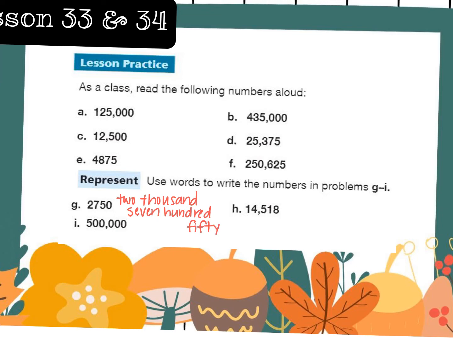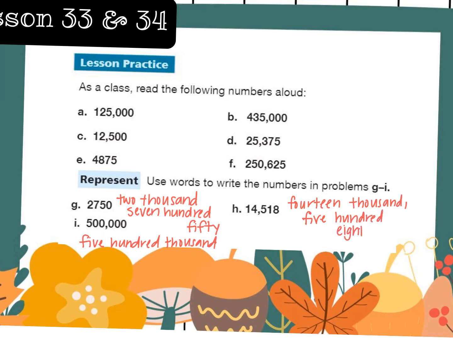Okay, I would be 500,000. Good. And then H, 14,000. Then what? 518. Very good. 518.